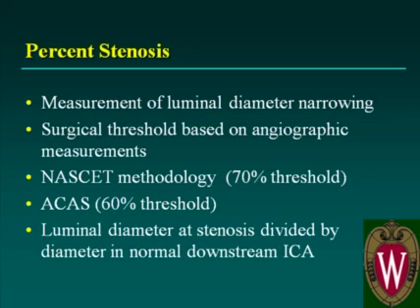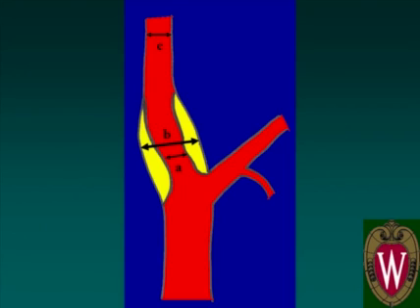It's measured by measuring the luminal diameter of the vessel at the stenosis and dividing that by the diameter of the normal downstream ICA. So by NASCET criteria, the luminal stenosis would be measured as a ratio of the diameter A over the diameter C.